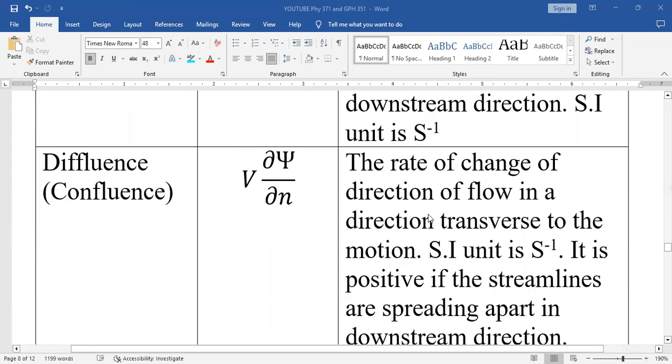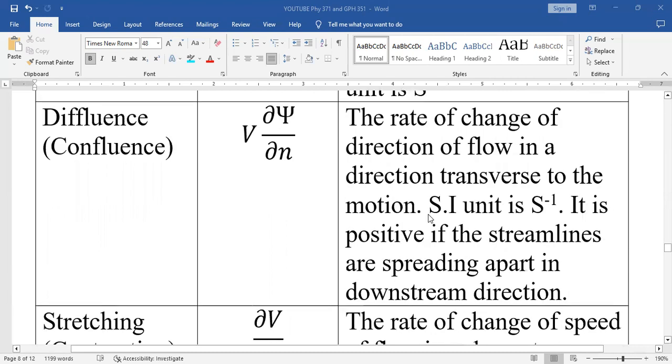Then the next one is the confluence. You can as well call it diffluence. So whenever we talk about confluence, it has to do with the convergence of fluid. It has to do with a junction where fluids do meet, a meeting point.